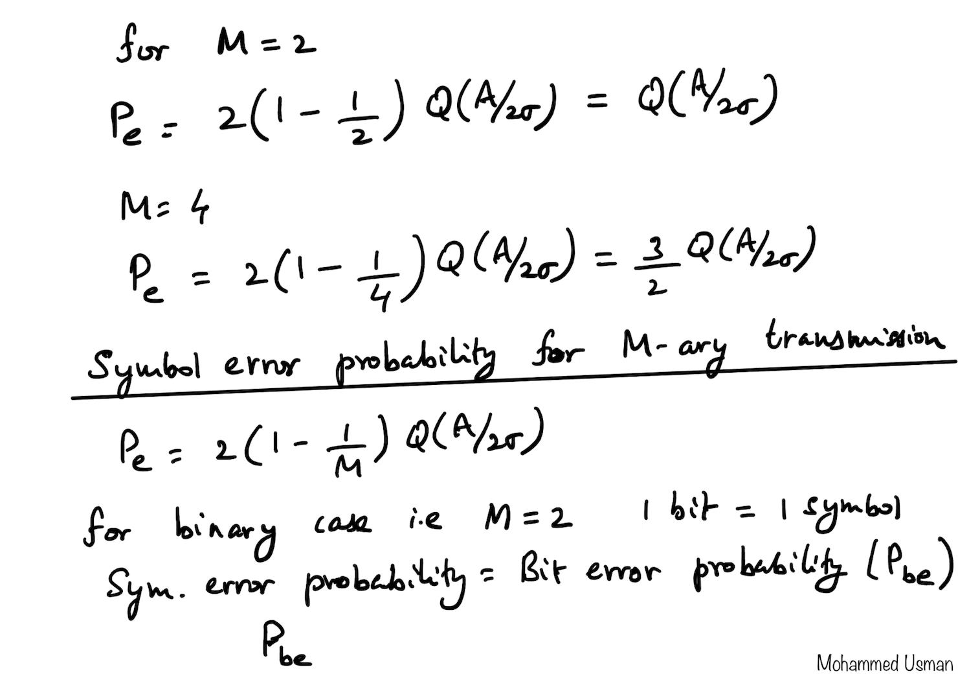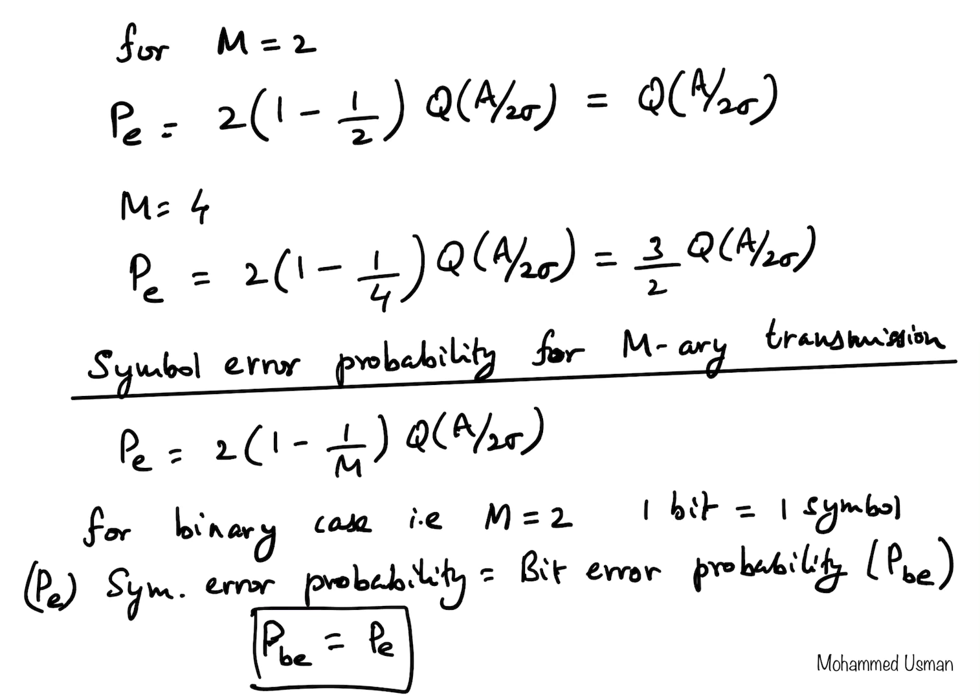So PBE is equal to PE. So they mean the same thing in the case of binary transmission. But for any other higher value of M, for M equal to 4, 8, 16, 32 and so on, the symbol error probability and bit error probability are two different things. They do not mean the same thing.